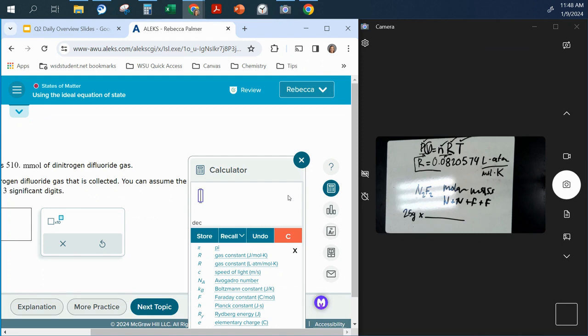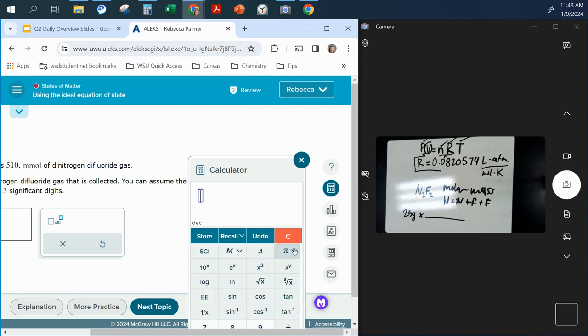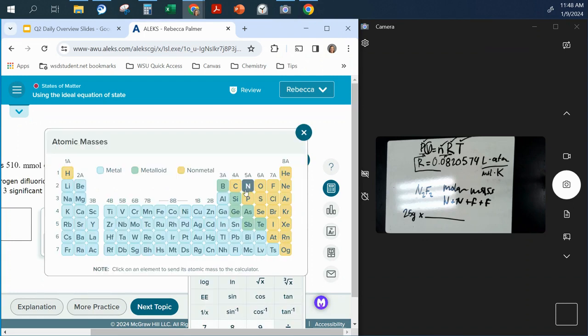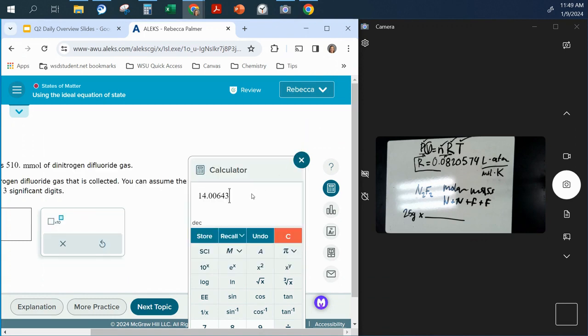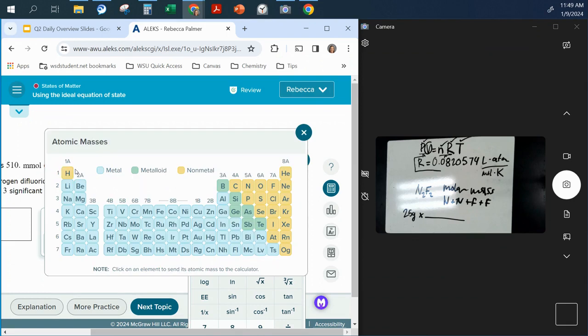So 25, let's see. Where's my periodic table? So 2 times nitrogen plus 2 times hydrogen. This is the molar mass.